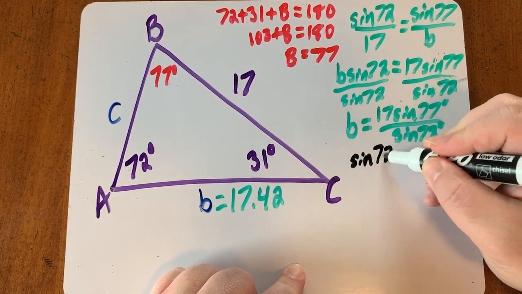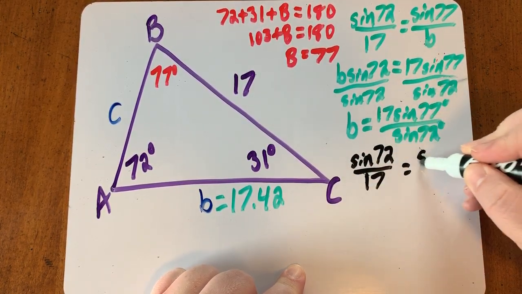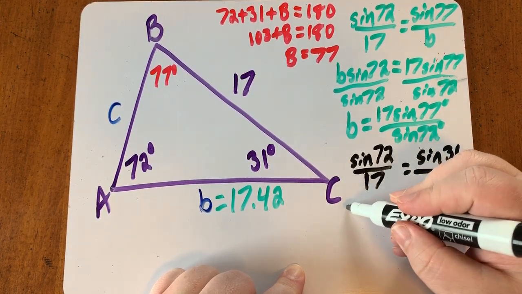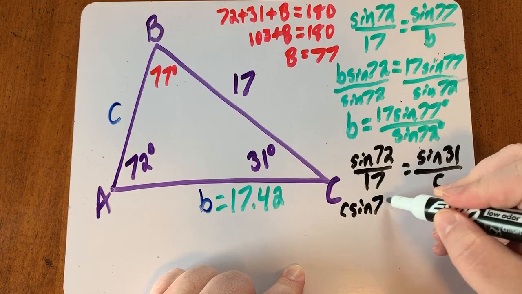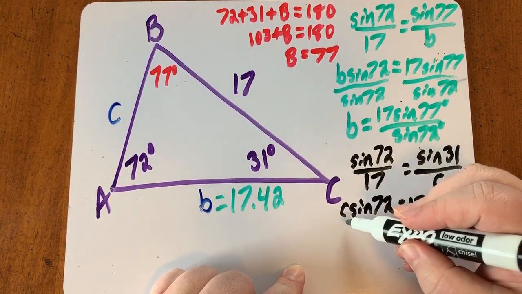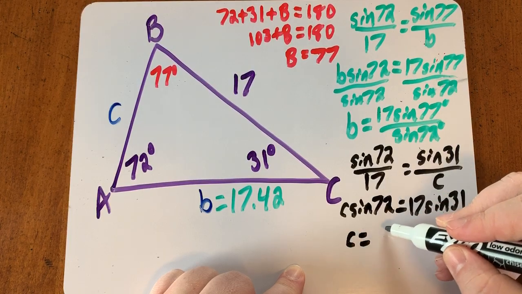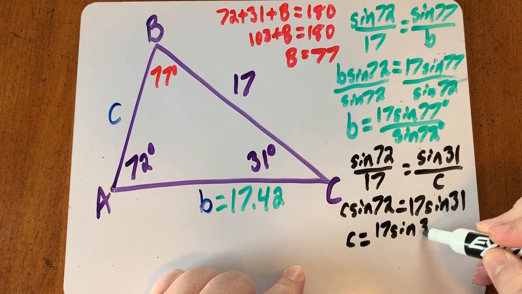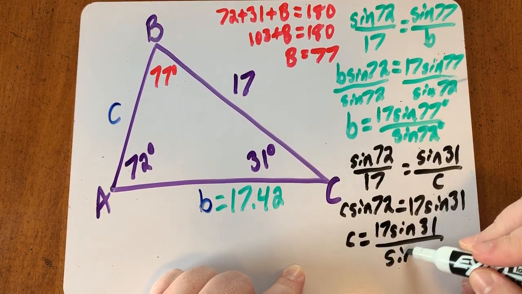Sine of a over a equals sine of c over c. Cross multiply. Then divide. So divide by sine of 72, 17 sine of 31 over sine of 72.